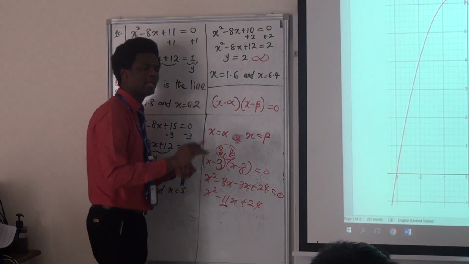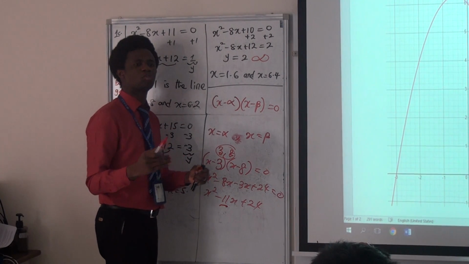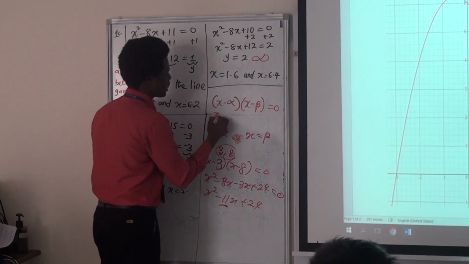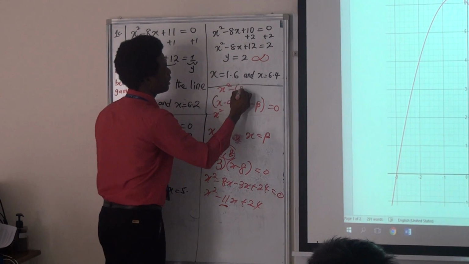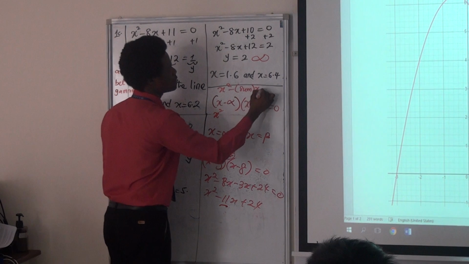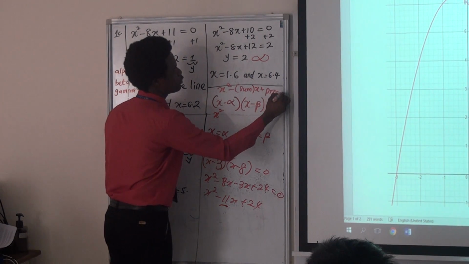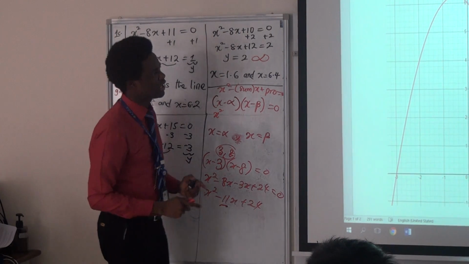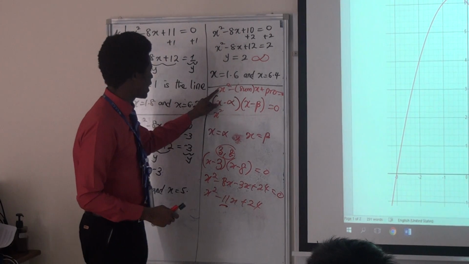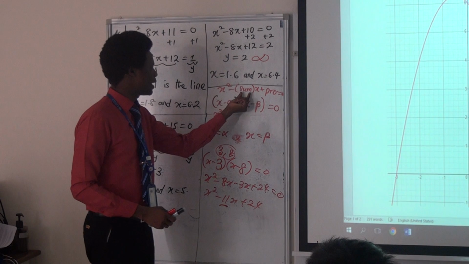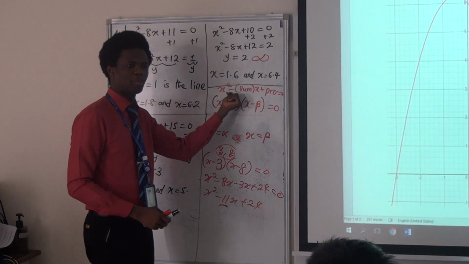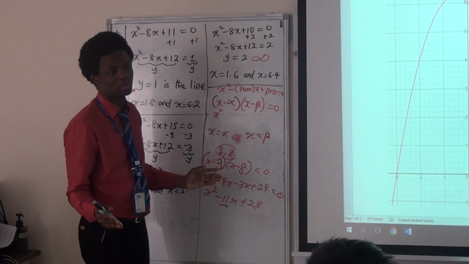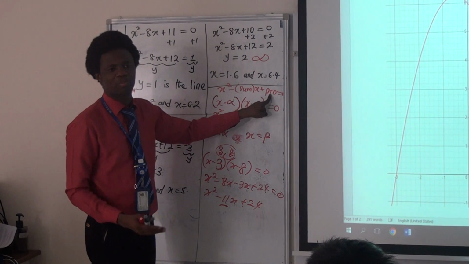So that is why when we want to teach you how to reverse it, we tell you the equation is x squared minus the sum of roots plus the product of roots is equal to 0. Which means in any equation, x squared minus whatever is here, apart from the minus, is the sum of the roots eventually. We don't care what the roots are. And what is here is always the product of the roots.